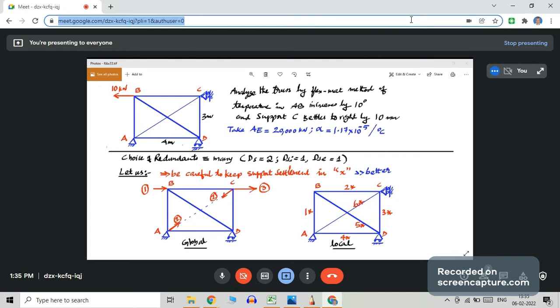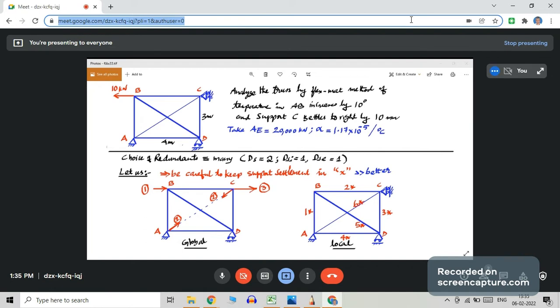Then we have removed the support at C because that is an external redundancy, and that is coordinate 3 representing x2. So we have one r, x1 and x2 in this problem. This we have already done.